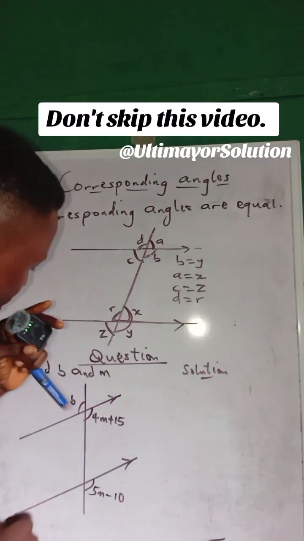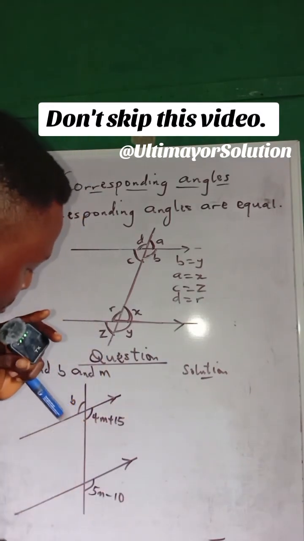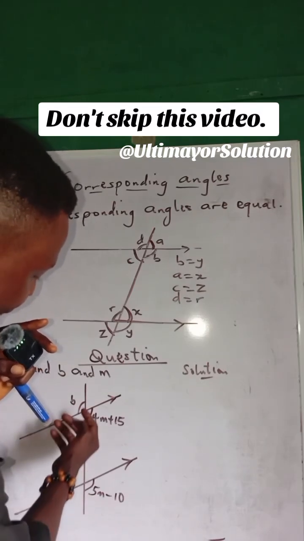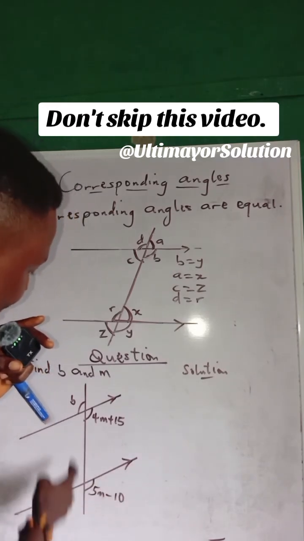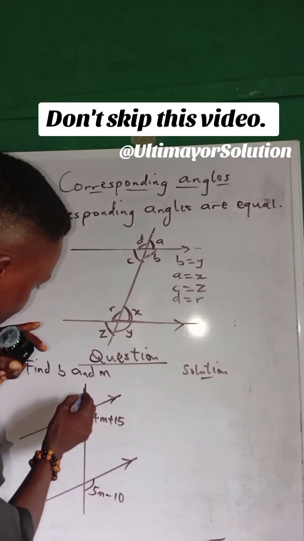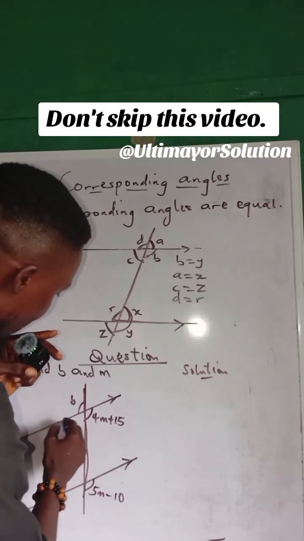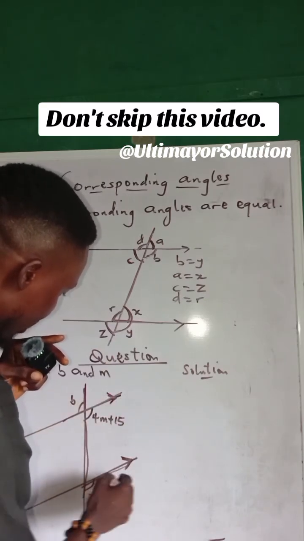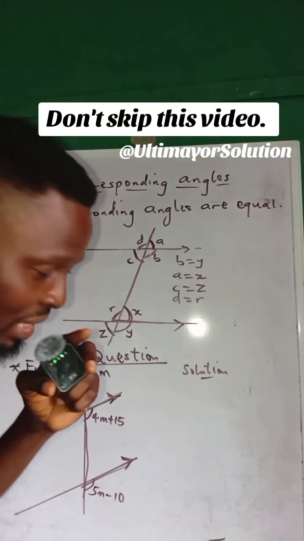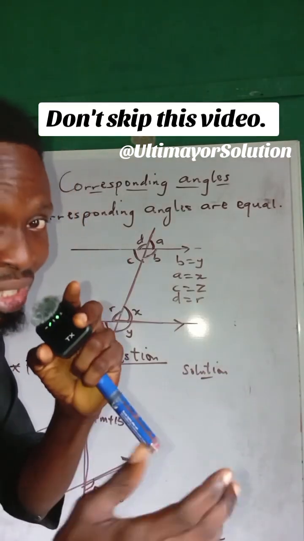Follow me. Now, 4M plus 15 and 5M minus 10 are under this horizontal line. And remember that this is F angles. When there are two parallel lines and a line that crosses it, which is the transversal line, corresponding angles are formed.